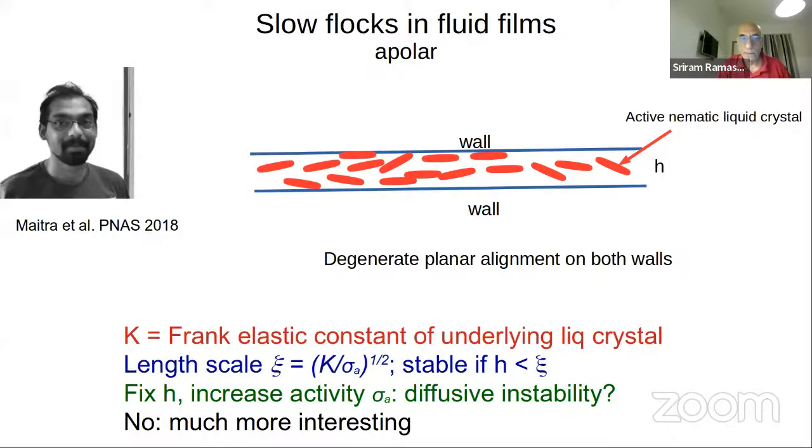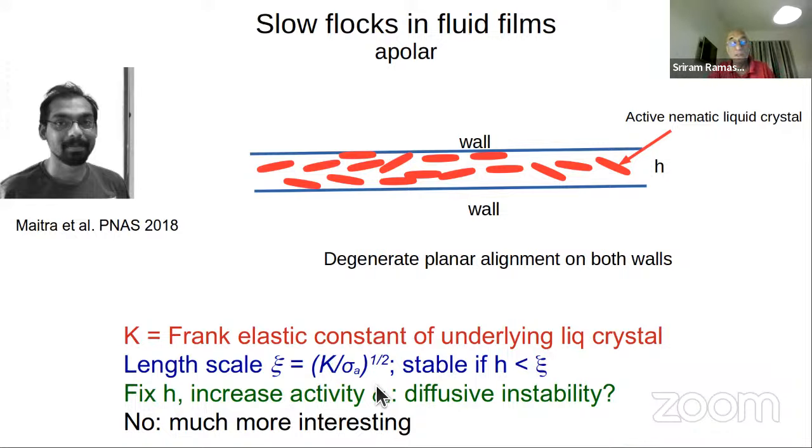Now, it's confined with a thickness h. So you might think that really all that should happen is that because I've confined in one direction, if that confinement is tight enough, if that confinement is on scales smaller than this active length scale xi, it should just suppress the instability and everything is very simple. Basically, imagine I keep confinement on a scale h, which has some value.